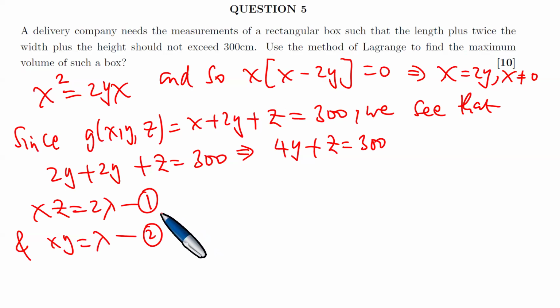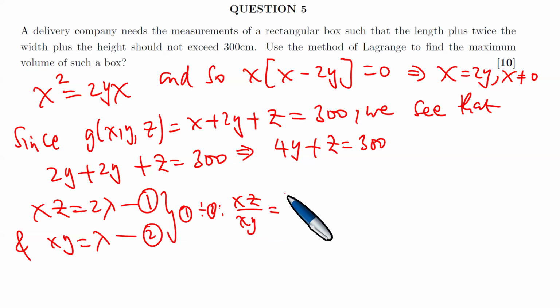So if you take these two equations and divide them in the following way, 1 divided by 2, so that you have xz divided by xy is equal to 2 lambda over lambda.